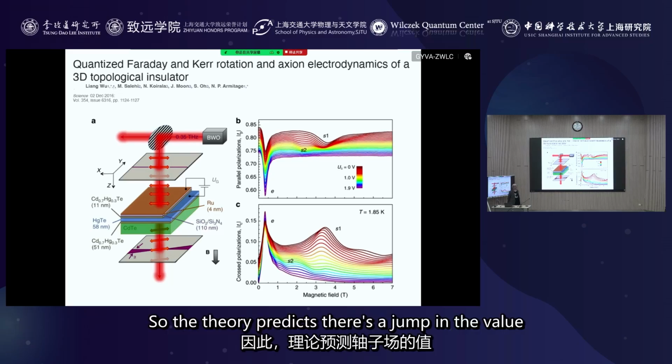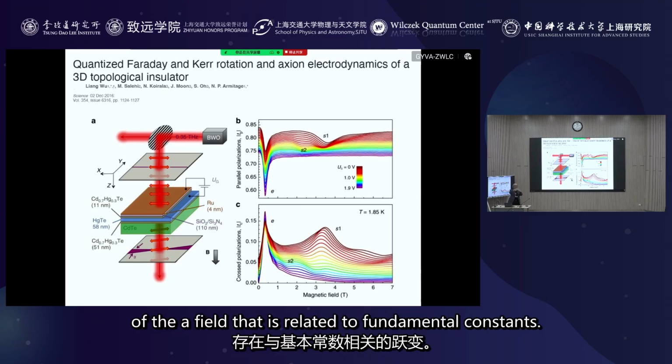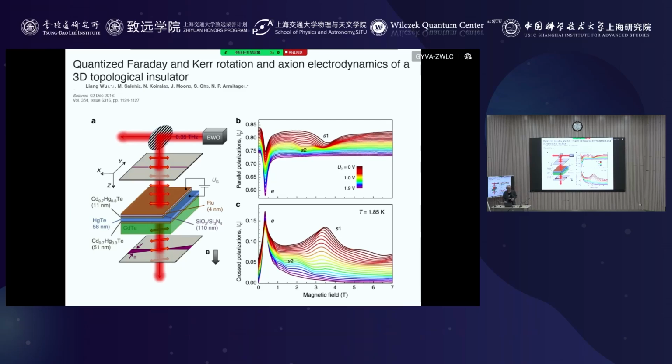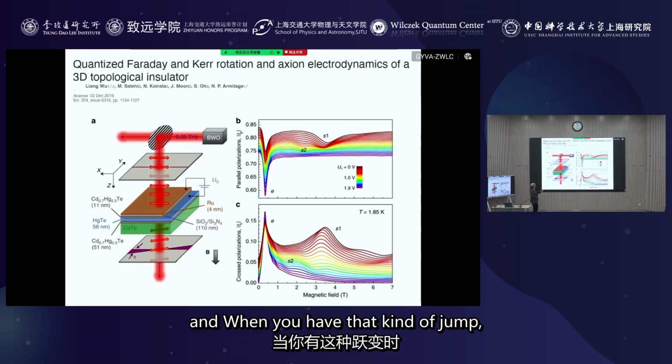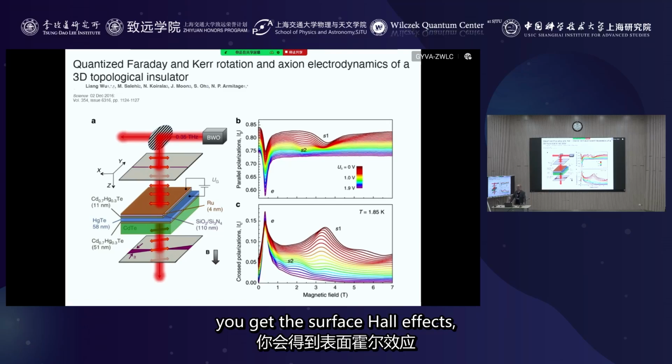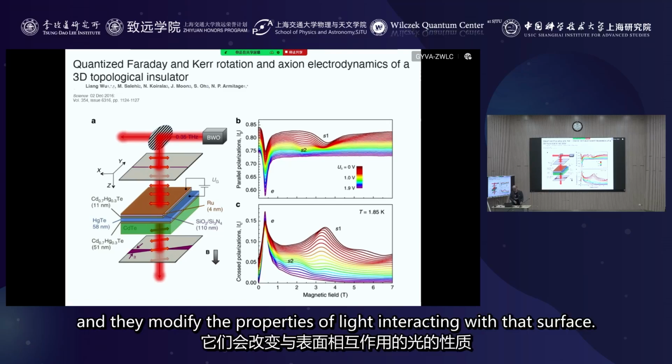So the theory predicts there's a jump in the value of the A field that is related to fundamental constants. And when you have that kind of jump, you get these surface Hall effects, and they modify the properties of light interacting with that surface.